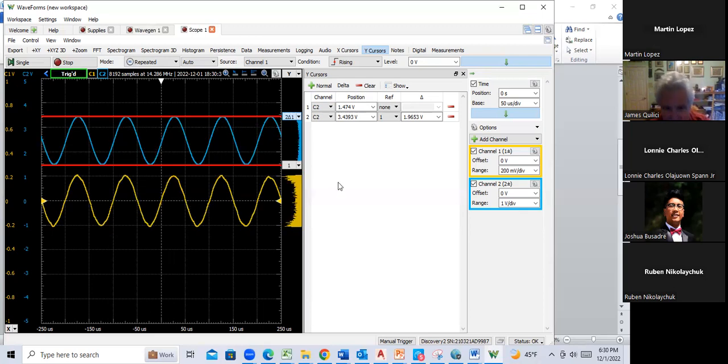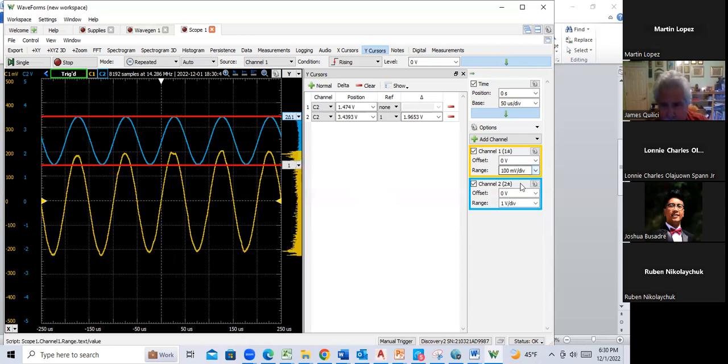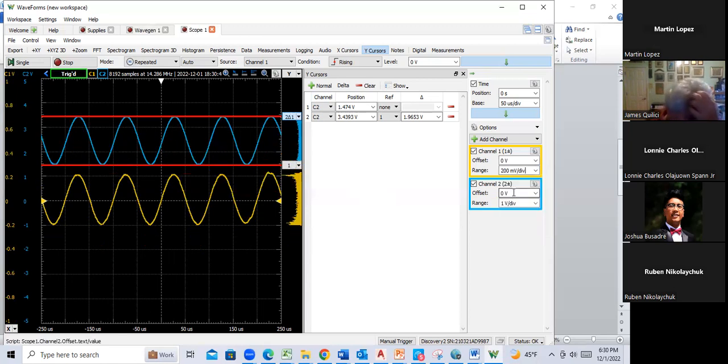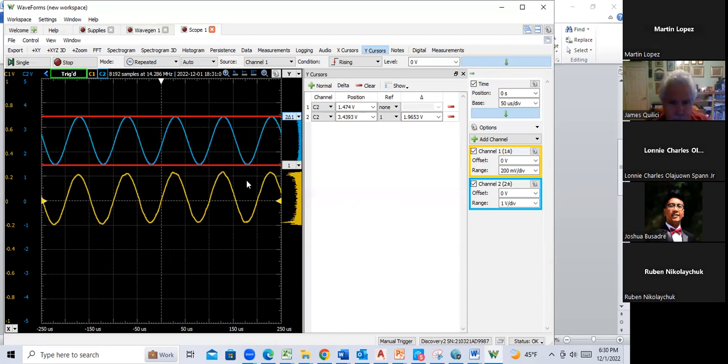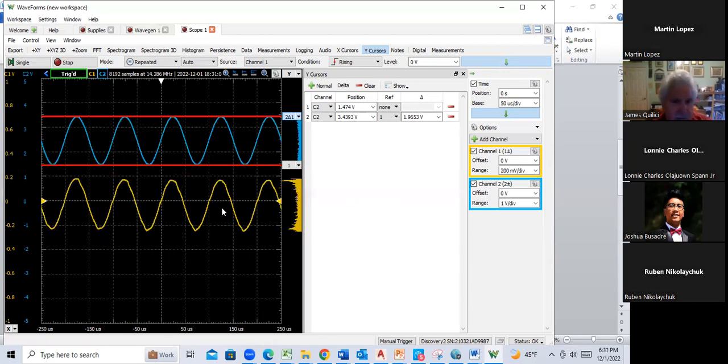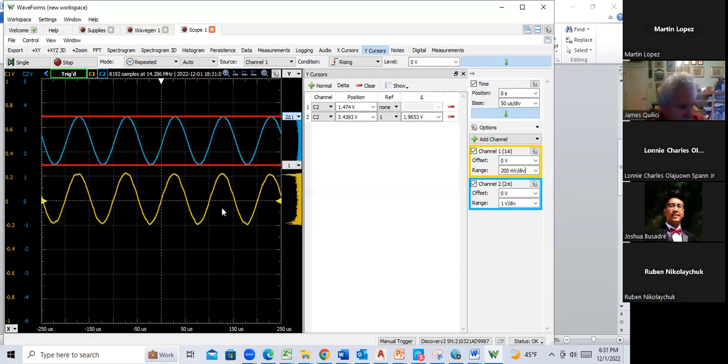That's a little puzzling to me, and that changed. It wasn't like that before. It was definitely smaller before. Now I don't understand why that is. Okay, well, anyway, just moving on.